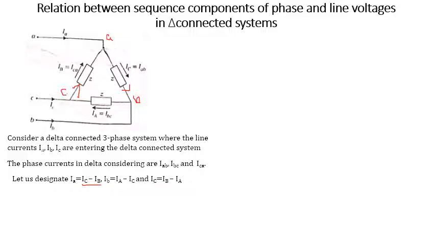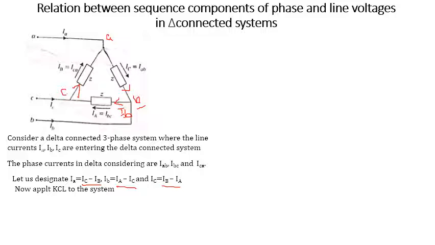Similarly at point B, IA is entering, and IC is going out of the network, so this is minus. Similarly at point C, IB is entering, and IA is going out of the network, so this is IB minus IA. Or you can consider what is entering as negative, and what is going out of the network as positive.